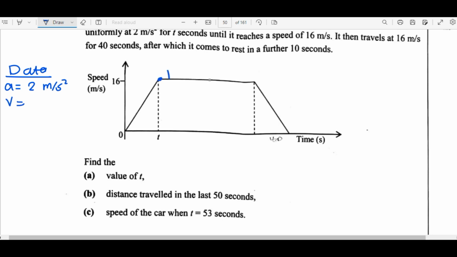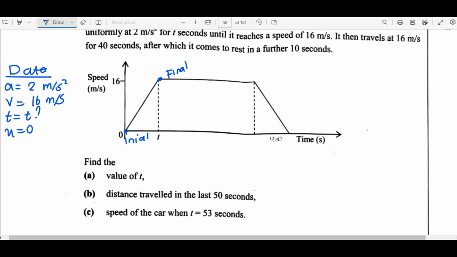So the final is gotten from here, which is 16 meters per second. Then what's our t? t is not given, so t is what we are looking for. What of our initial? Initial is here, it is 0. So the initial is just where the line is starting from.